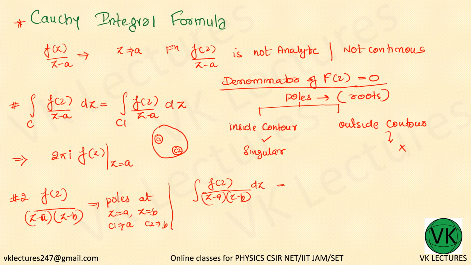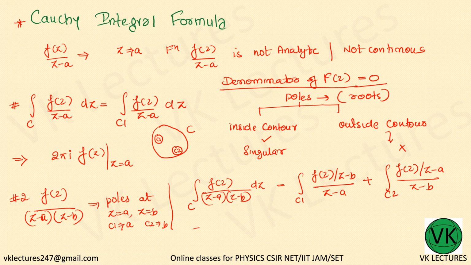The entire one is C. So the integral over the entire C is equal to the integral over C1 of f of z divided by z minus b, divided by z minus a, plus the integral over C2 of f of z divided by z minus a, divided by z minus b.